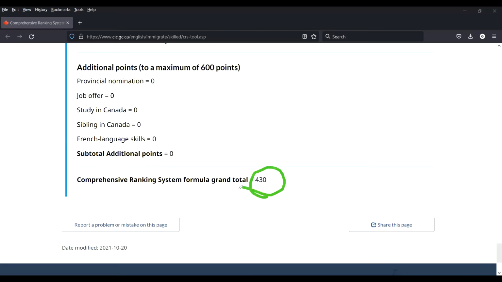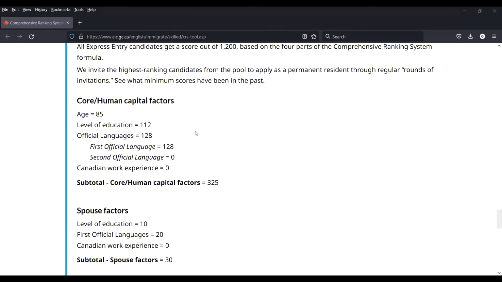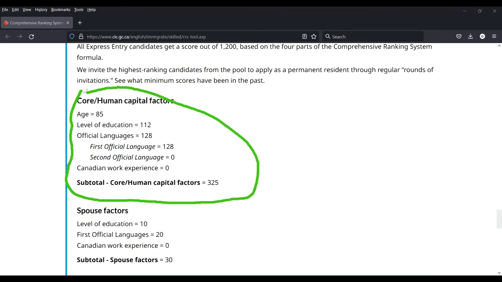This is how the details have been determined. Age is 85 points. Level of education: this candidate has a bachelor's degree. Official language: first official language has this. So the total score for the core or human capital factors is this.